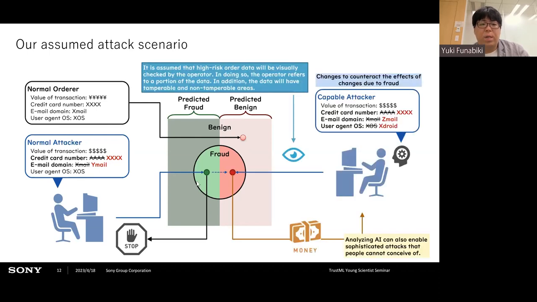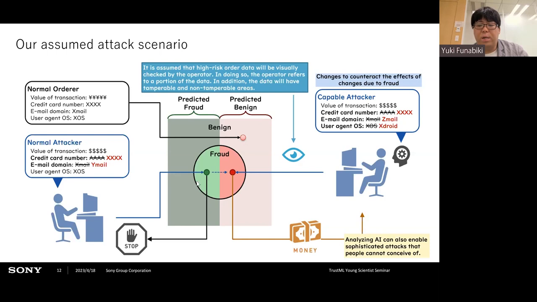On the other hand, we should assume the attack scenario. In that case, the attacker has some skill, and we assume a capable attacker who can modify the value of transaction, credit card number, email domain, and user agent OS. For example, the normal attacker uses a computer, but the capable attacker uses a smartphone.